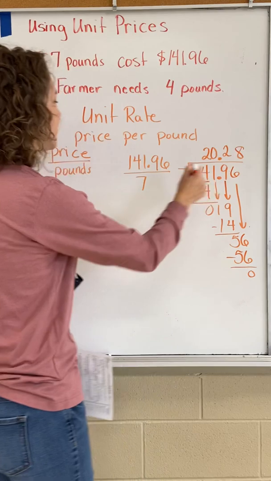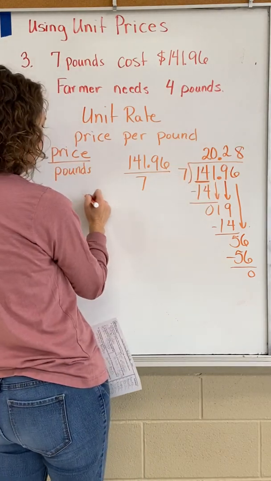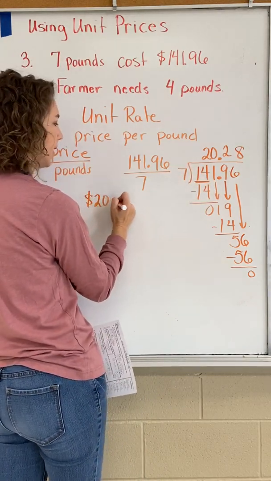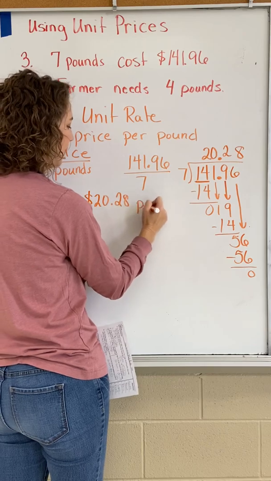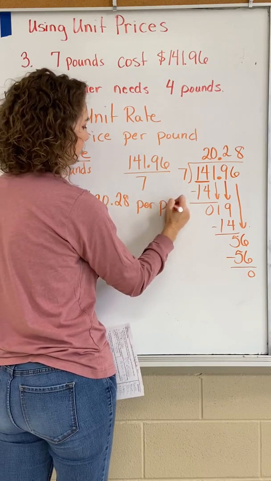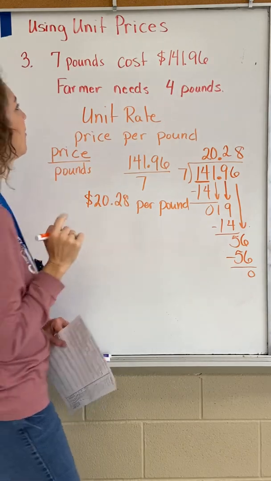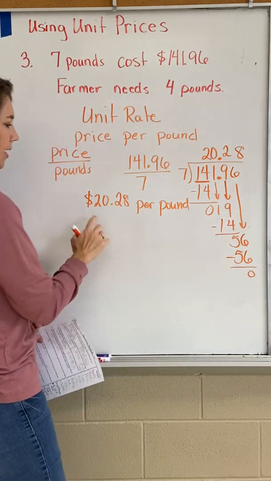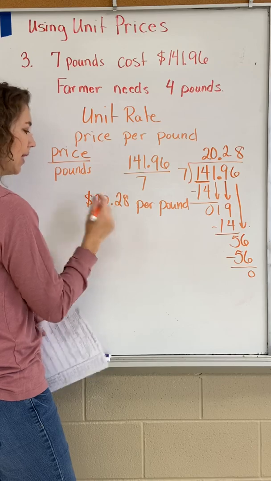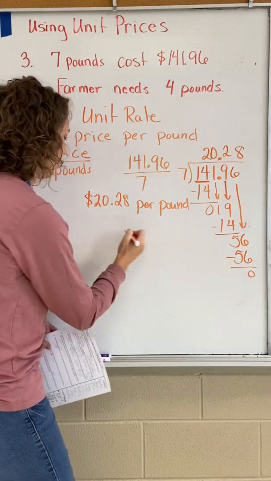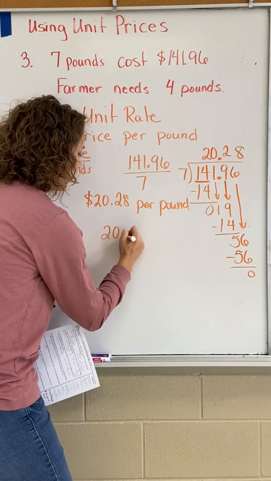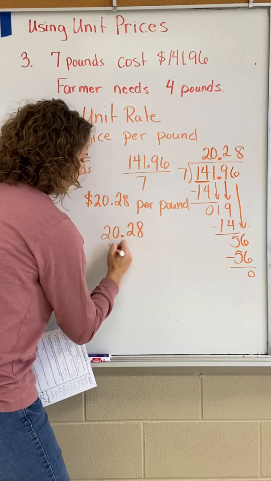All right. So each pound is going to cost $20.28. That's 1 pound of seeds. But the farmer needs 4 pounds. So we have to take this and multiply it by 4. It's a 2-step problem.